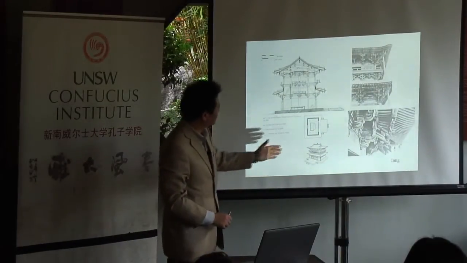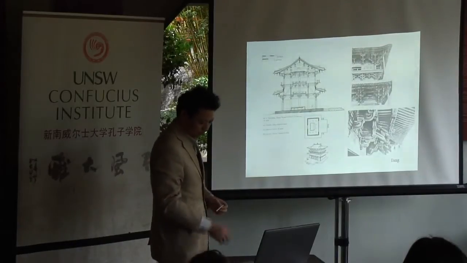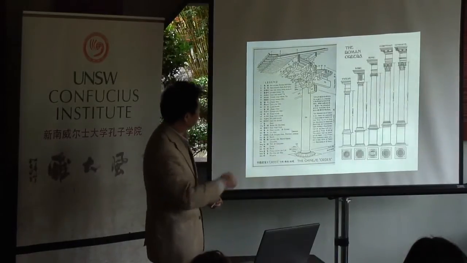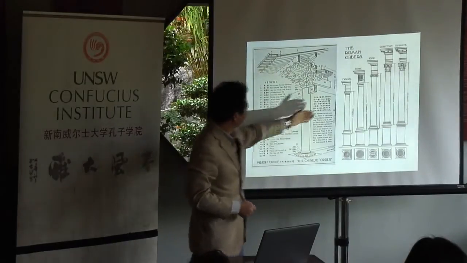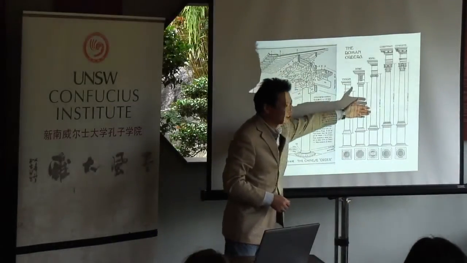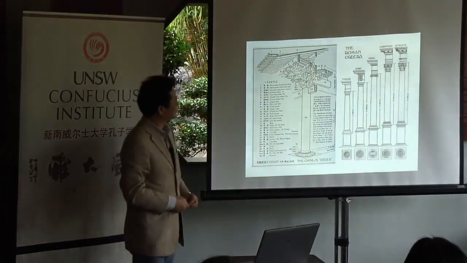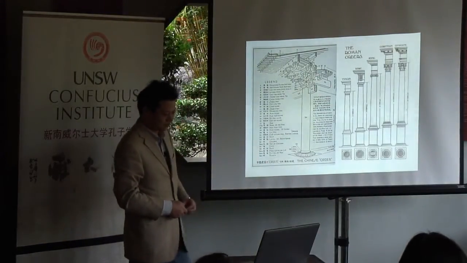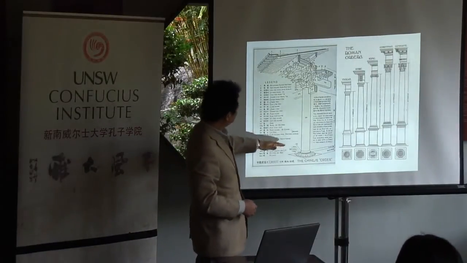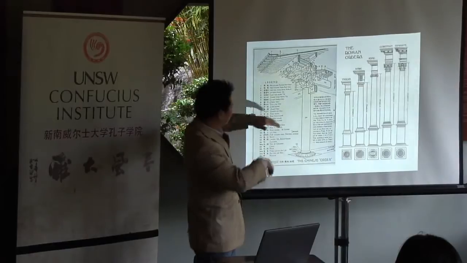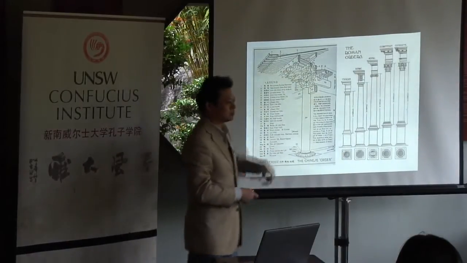But the temple is more complex, with more levels. The posts have orders, similar to the orders in Western architecture, the Roman orders. We can recognize different levels with the order.